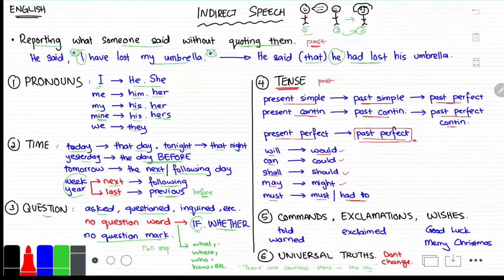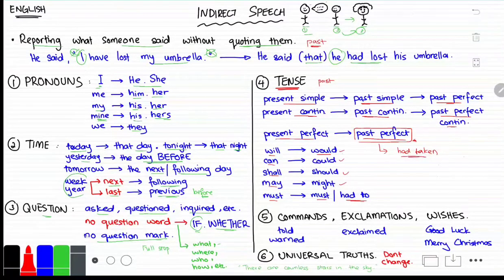In that case, they stay as would, could, should, or might. Giving you an example for past perfect. If the direct speech says, "I had taken English before," then it becomes "she said that she had taken English lessons before." Had taken stays as had taken.